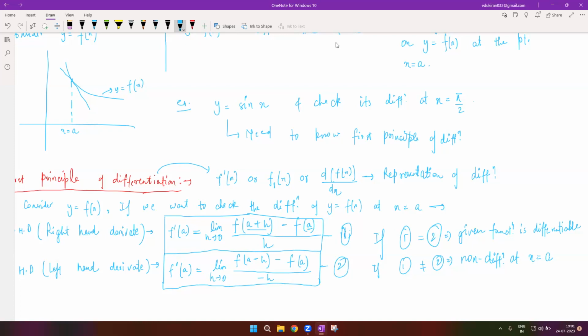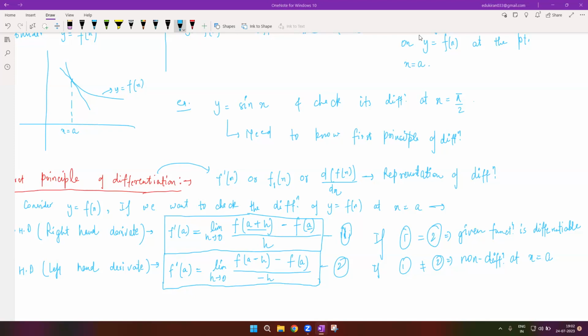We can take any trigonometric, logarithmic, exponential, algebraic function, whichever you want. You want x cube, sin x, cos x, tan x, e to the power x, log x, whatever you want. If you have any suggestion, anyone of them.